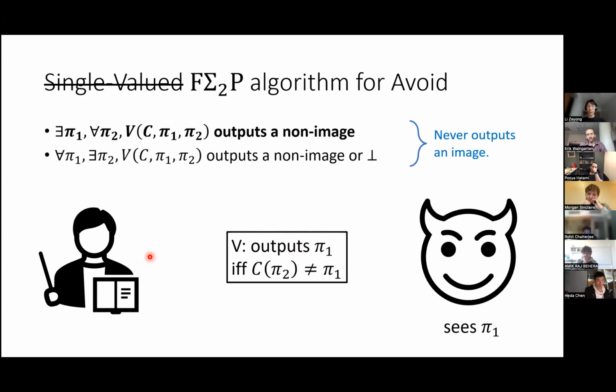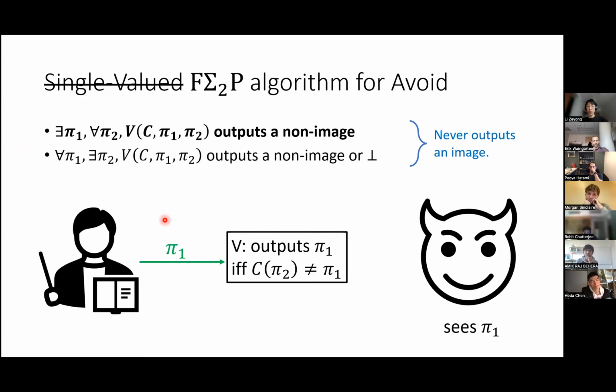So the definition of the F sigma 2p algorithm actually corresponds to a case where one of the provers is malicious. In the first case, think of the first prover as honest and the second prover as malicious, which corresponds to the first point.